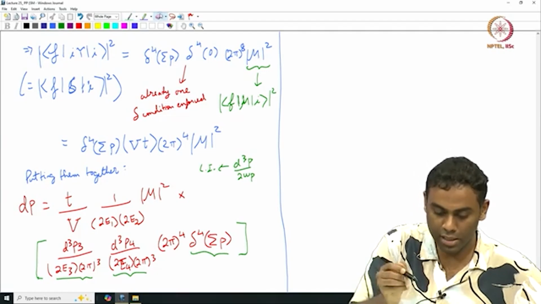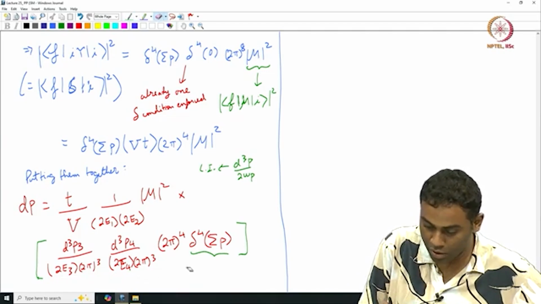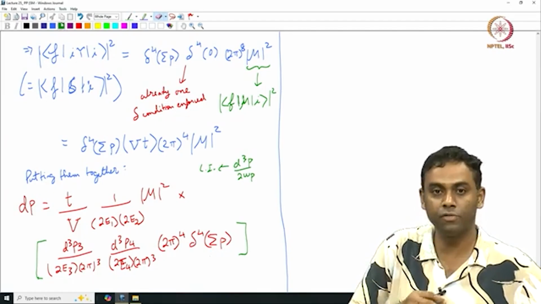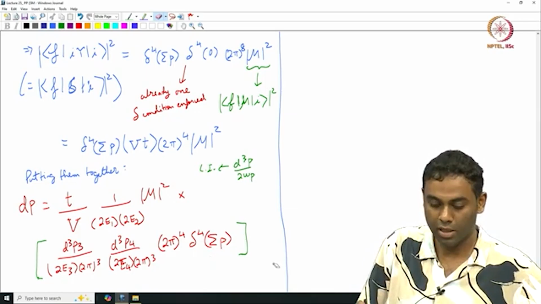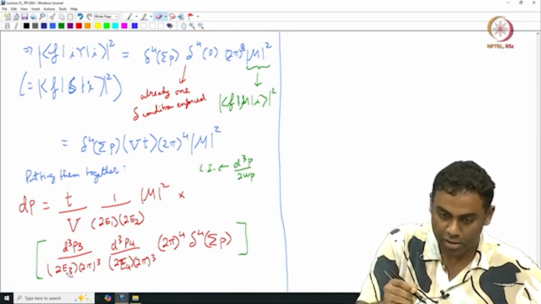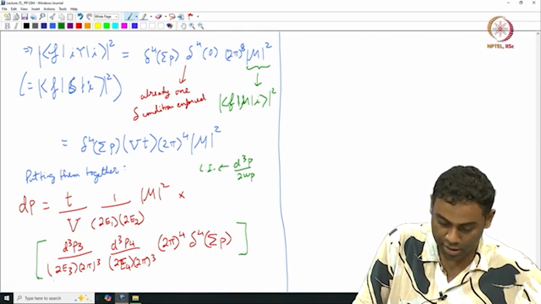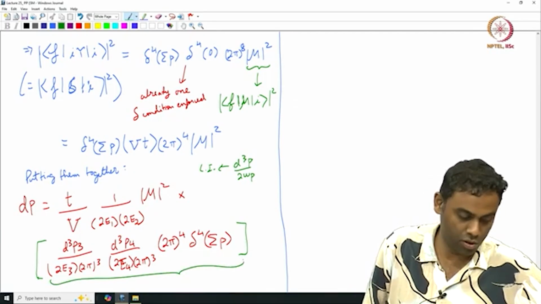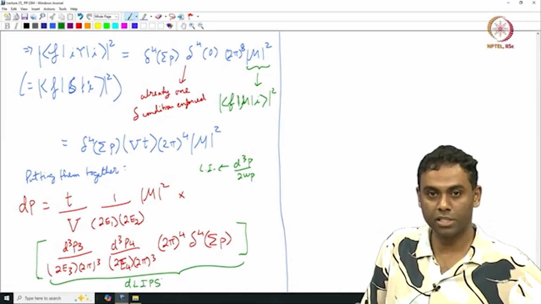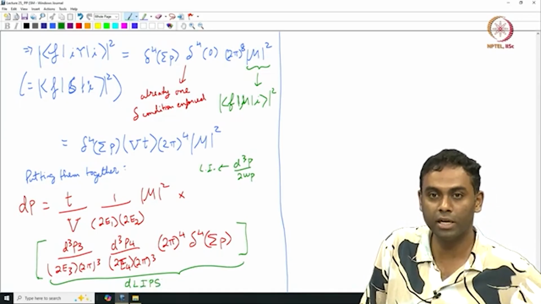Said differently, I have basically separated out some Lorentz invariant parts which involve some phase space. So this part is called, at least in Srednicki, D-lips, which just stands for Lorentz invariant phase space.